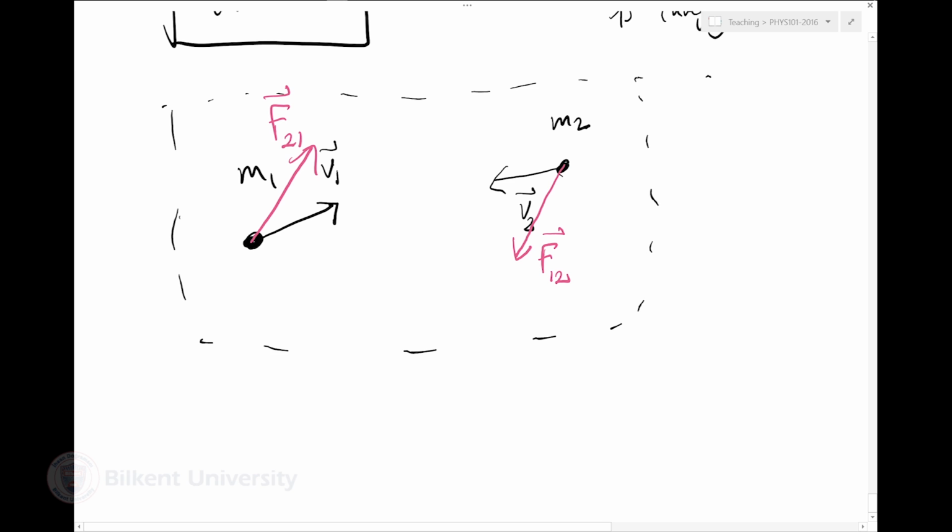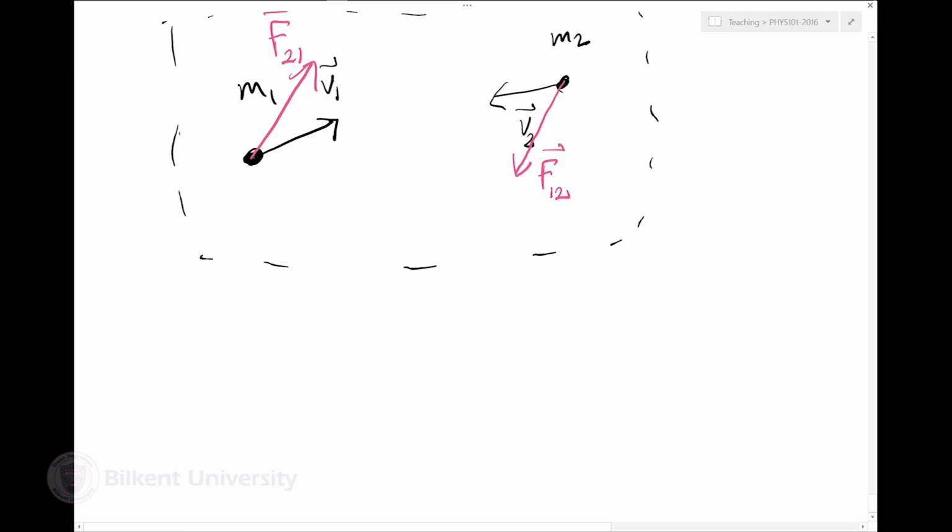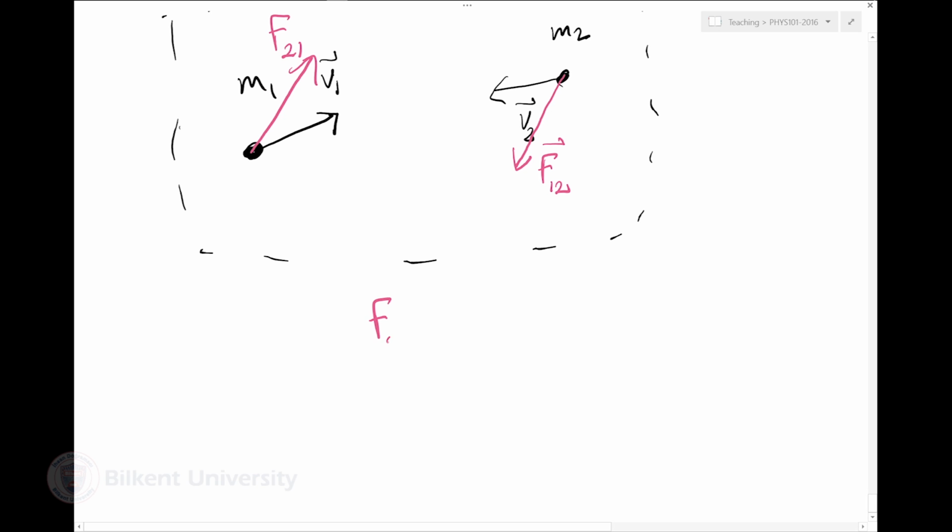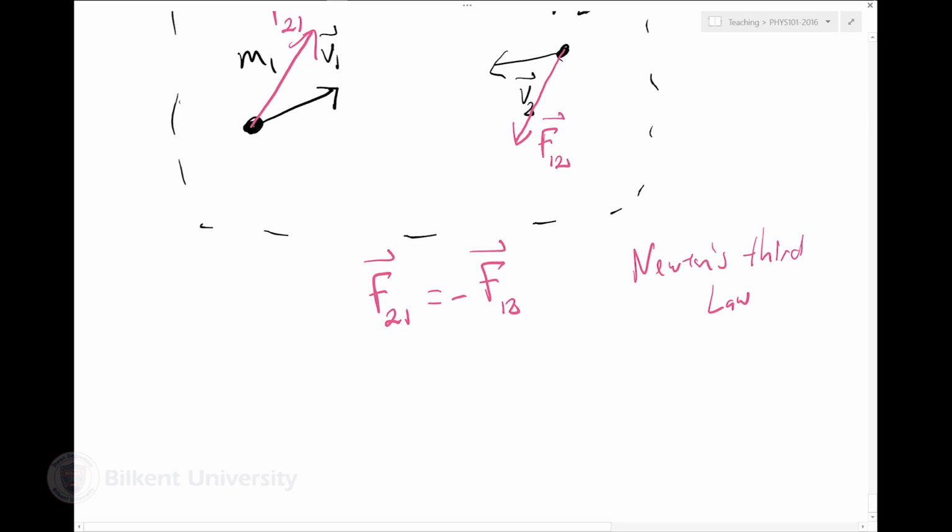Newton's third law tells me that F21 as a vector is just minus F12. So this is Newton's third law. Well, you may say, okay, that's nothing new. You told us this a month ago. But now look at the following.